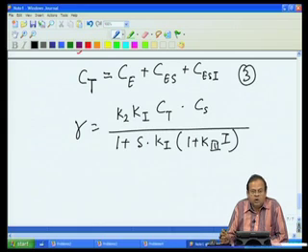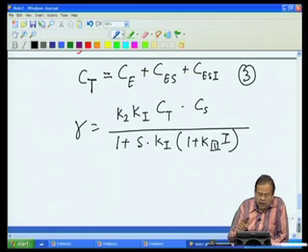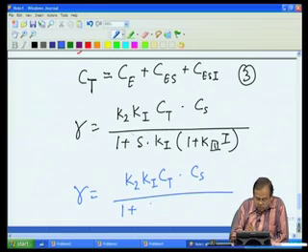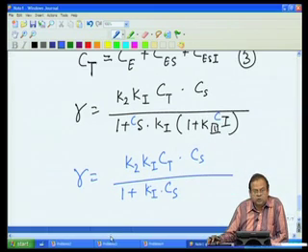Now, you can see what is the effect of I. For example, if inhibitor was not there, then what would this rate expression boil down to, that is C I is equal to 0, then this one would be k 2 K 1 C T into C S divided by 1 plus K 1 into C S would be my rate expression.